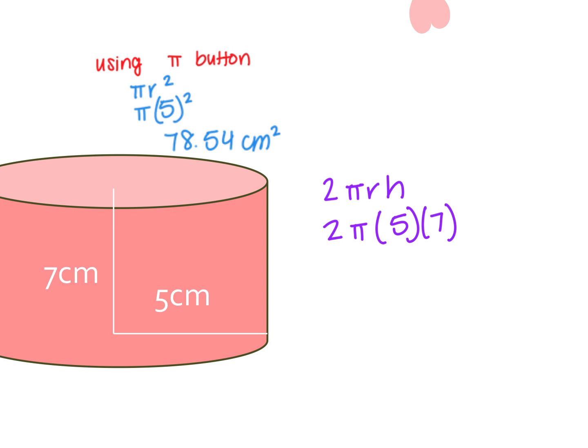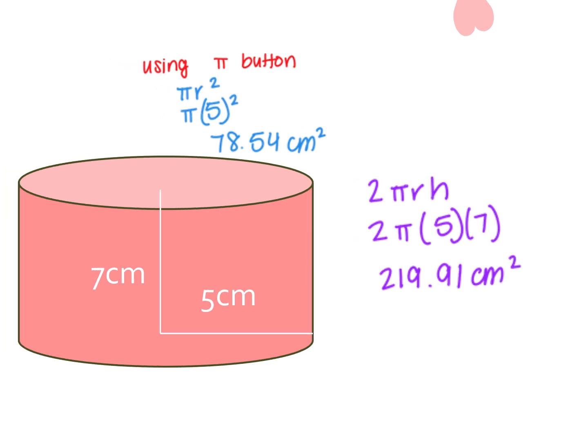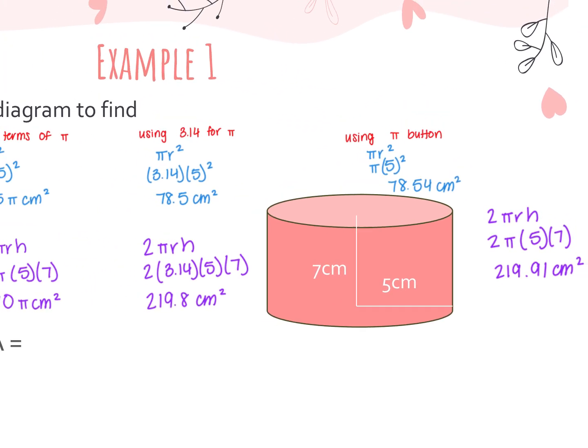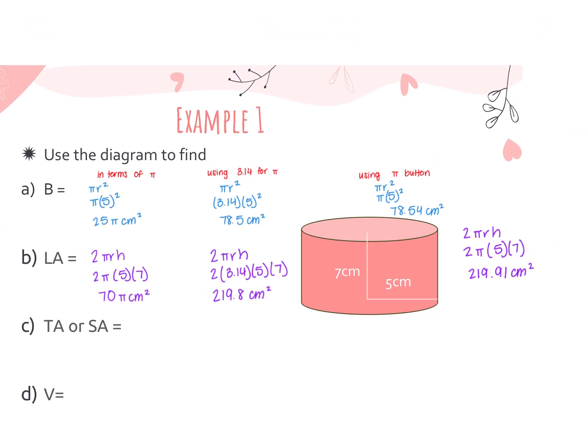I'm still going to get 219, but it's going to be 219.91 centimeters squared. And again, that's a little bit different than using 3.14 or leaving it in terms of pi. So make sure you're paying attention to that and using the pi button.